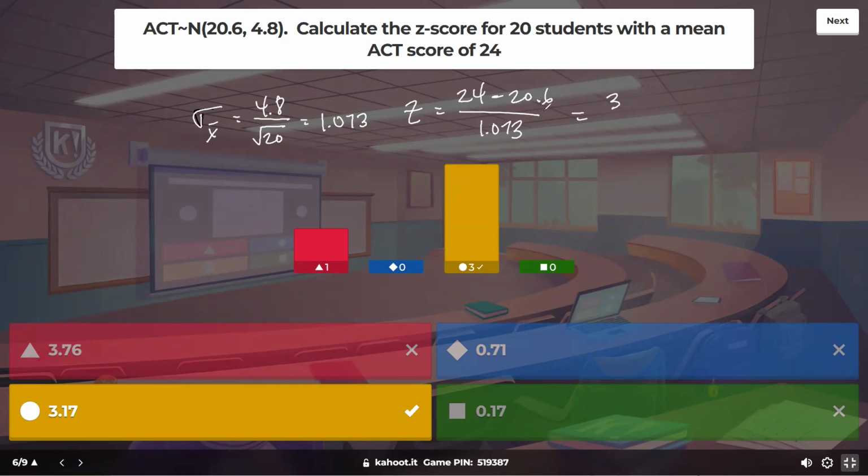So the question before this question: why didn't we have to use our spreadsheet on this one? Good question. We had to calculate the z-score last time, but we also had to do something else that we didn't have to do this time: find the area to the right or to the left. Here they were just asking for the z-score, so you didn't need to go to your spreadsheet.